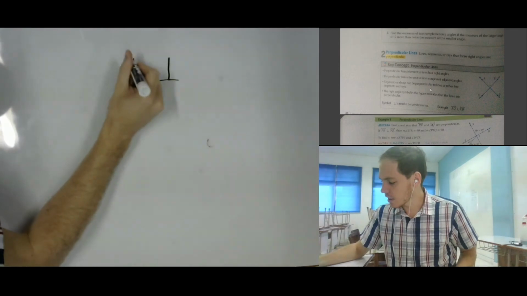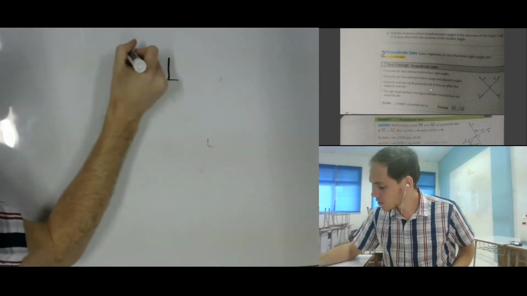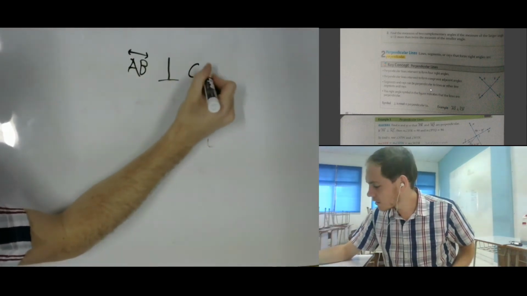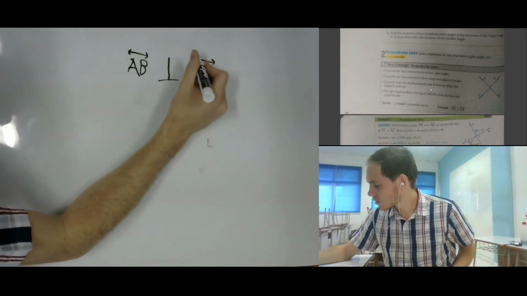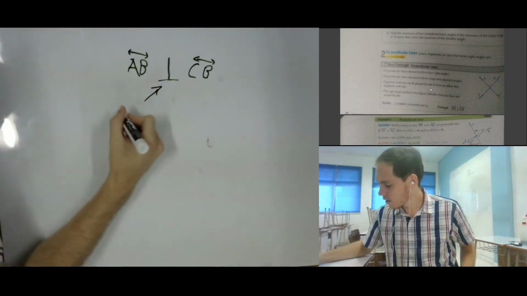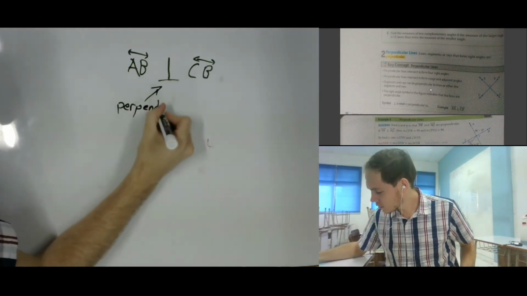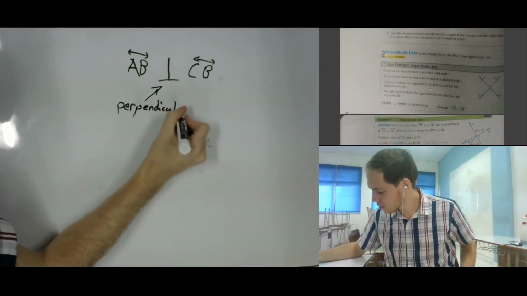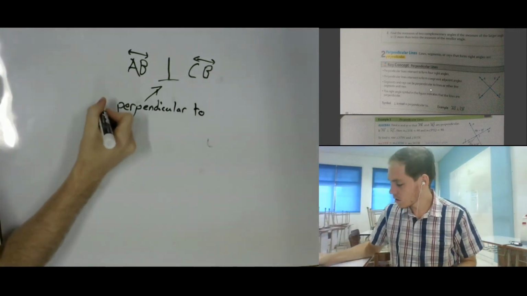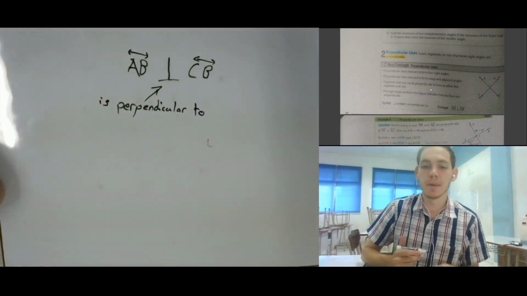So if you say line AB is perpendicular to CB, this reads perpendicular. So line AB is perpendicular to line CB.